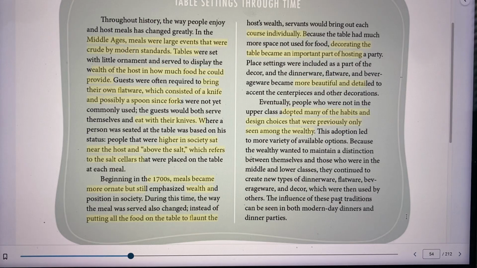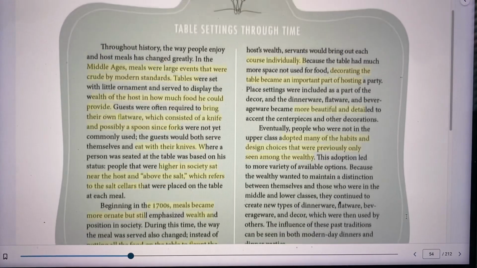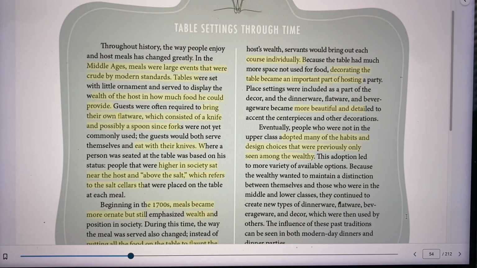Beginning in the 1700s, meals became more ornate, and they emphasized wealth and position in society. The meal service also changed. Instead of putting all the food on the table, they would bring in settings of food, so they didn't have all the food on the table.